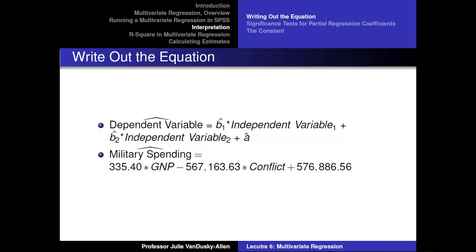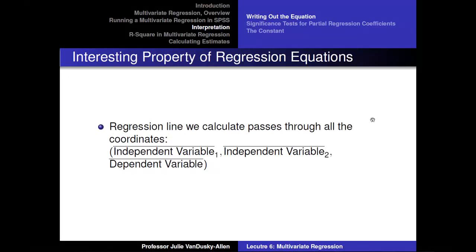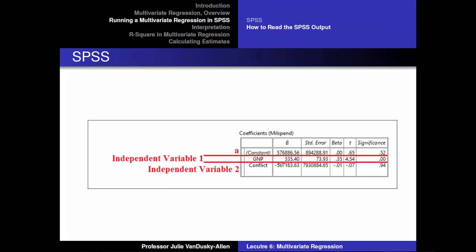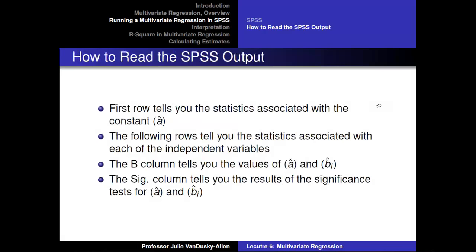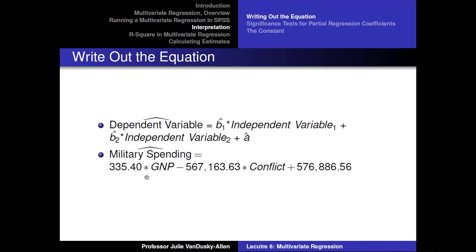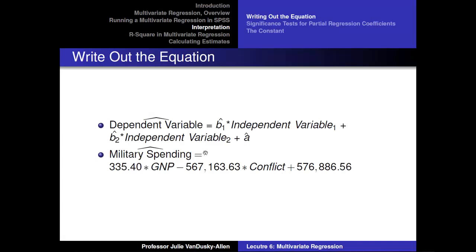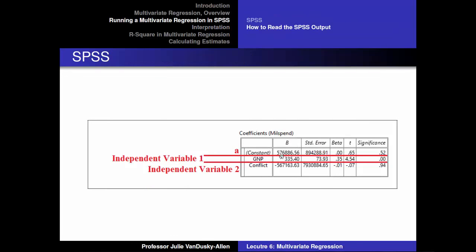So applying this to our example, military spending hat equals $335.40 times GNP minus 567,163.63 times conflict plus 576,886.56.